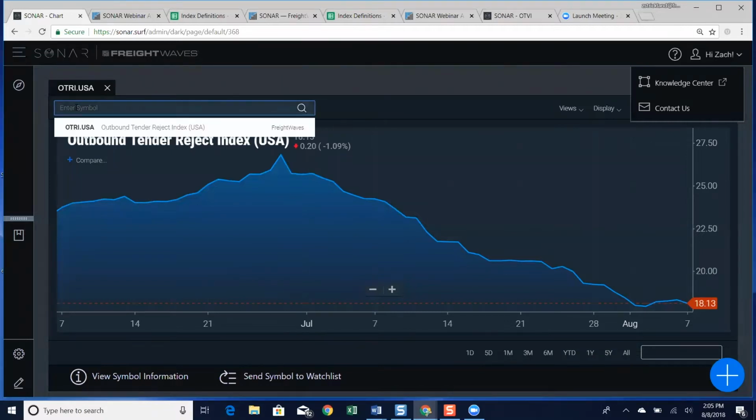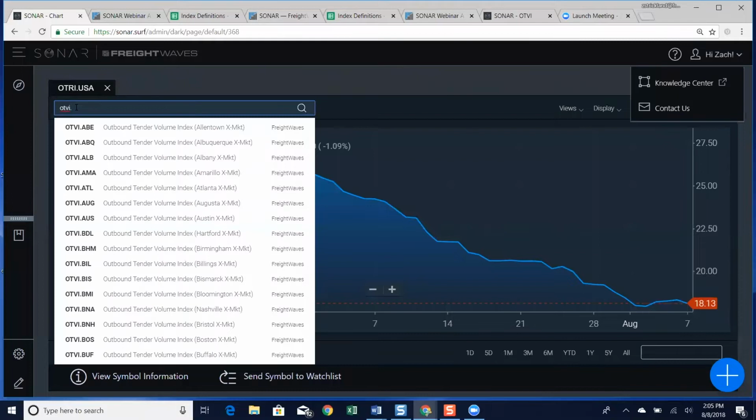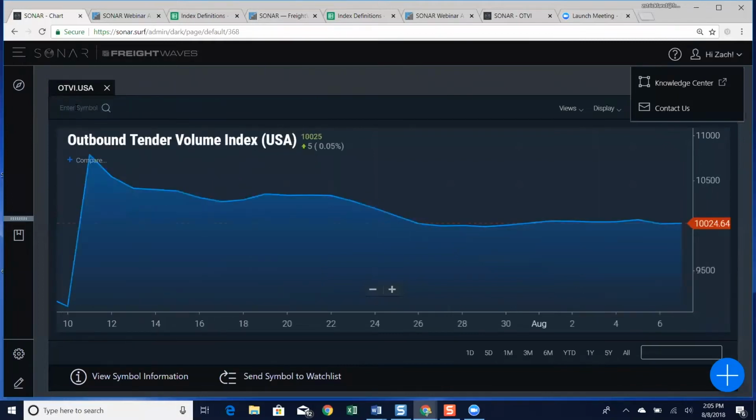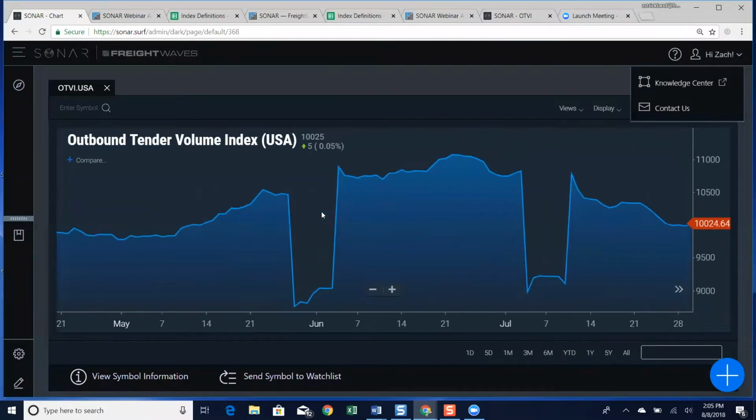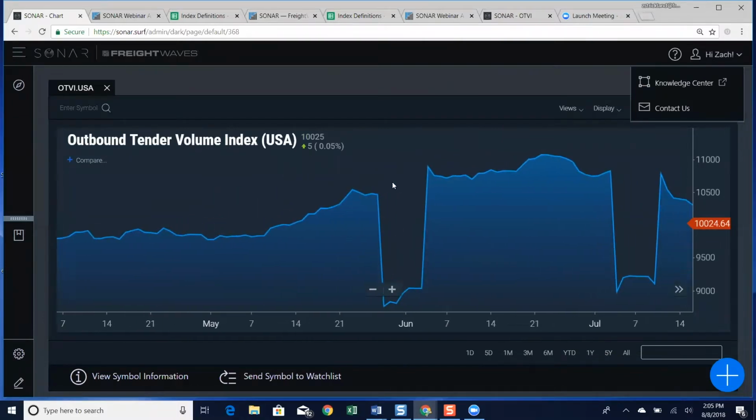Now we have OTVI, which is a way of understanding the volume's impact on the market itself as well. So I'm going to go ahead and explain a little bit of the methodology on the tender volume index. What you see here is the USA tender volume index, and it is the baseline.